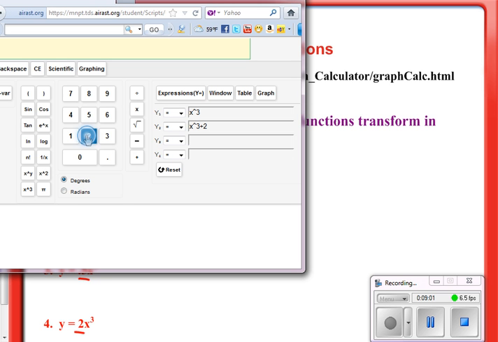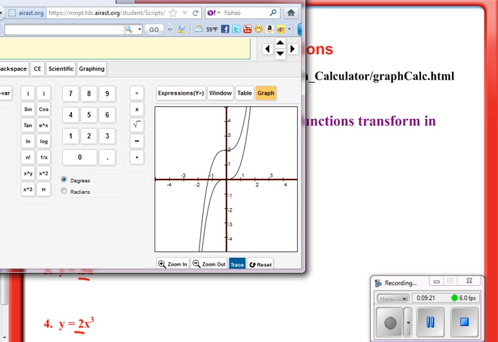So we're going to figure out what is the difference between these 2 graphs. You're going to go ahead and hit graph, and that's going to tell us what is what. Notice x to the 3rd power is y1, or the first graph, and the y2 is x to the 3rd power plus 2. Hit graph, and we'll see the difference in the 2 graphs.